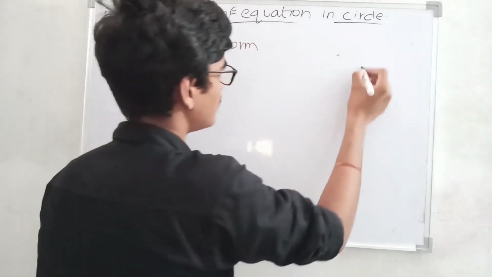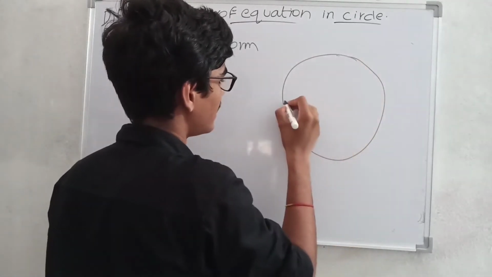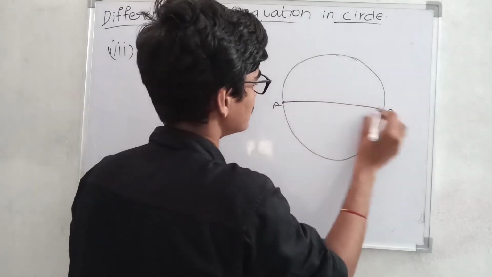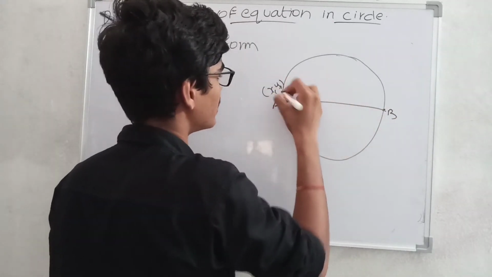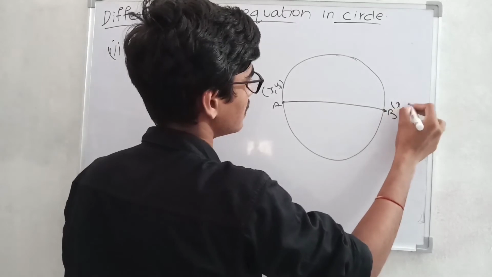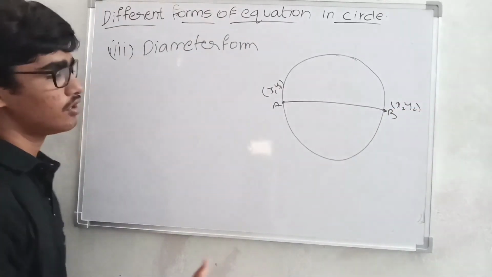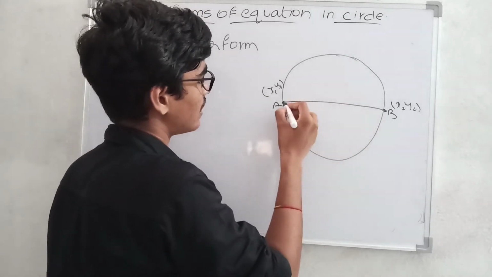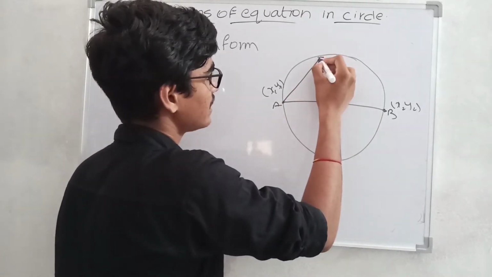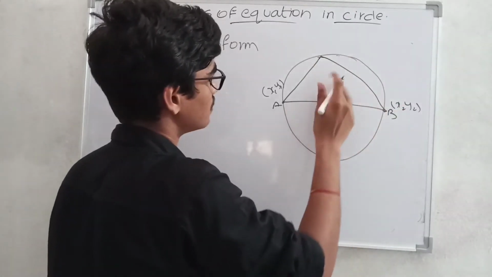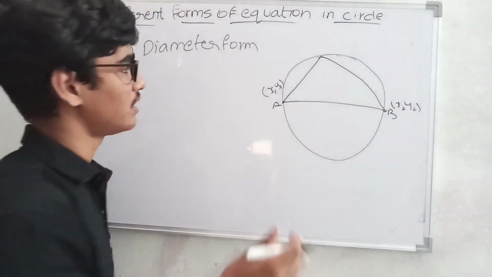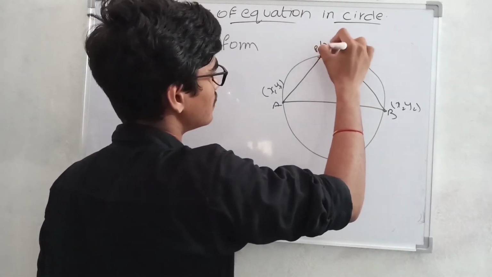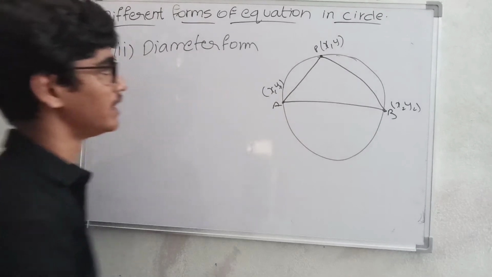If we consider a circle with AB as diameter such that A has point x1, y1 and B is x2, y2, then we know that a diameter always subtends a right angle on the semicircle. By using this concept, we are going to derive the equation. Mark any point as x, y.